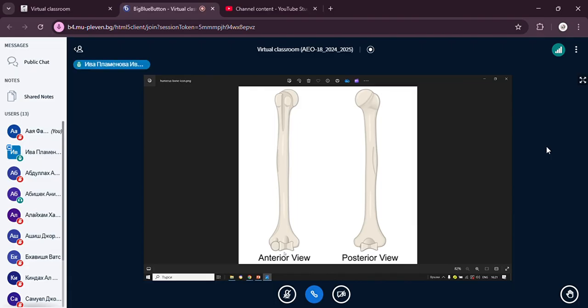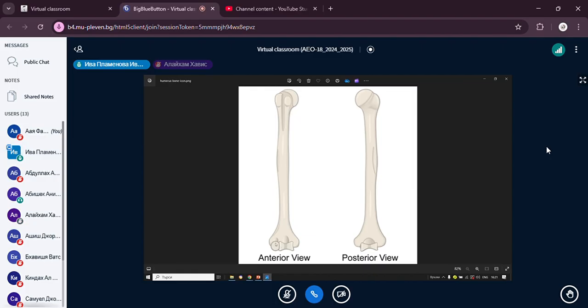On the anterior view, distal to these epicondyles, we have the condyle of the humerus with two parts. Which are they? Lateral part, medial part. Is it the capitulum?